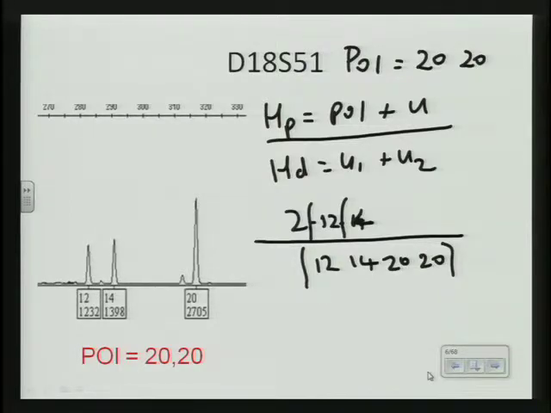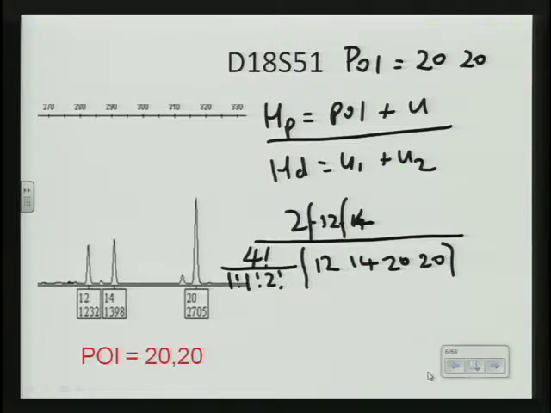Write it out, okay. So I've got 4 factorial, because I have an order of 4 alleles there. I've got 1 factorial for my 12, 1 factorial for my 14, and 2 factorial for my 20s. Everybody okay with that?